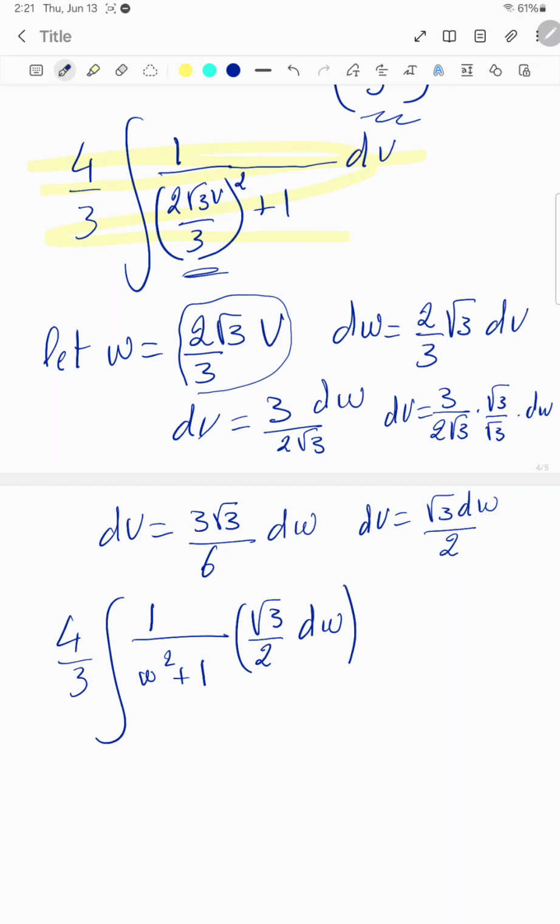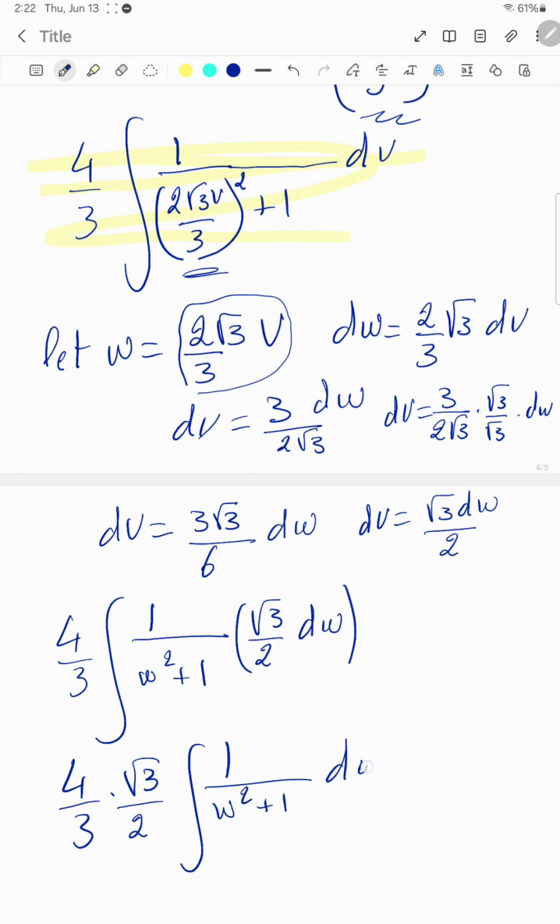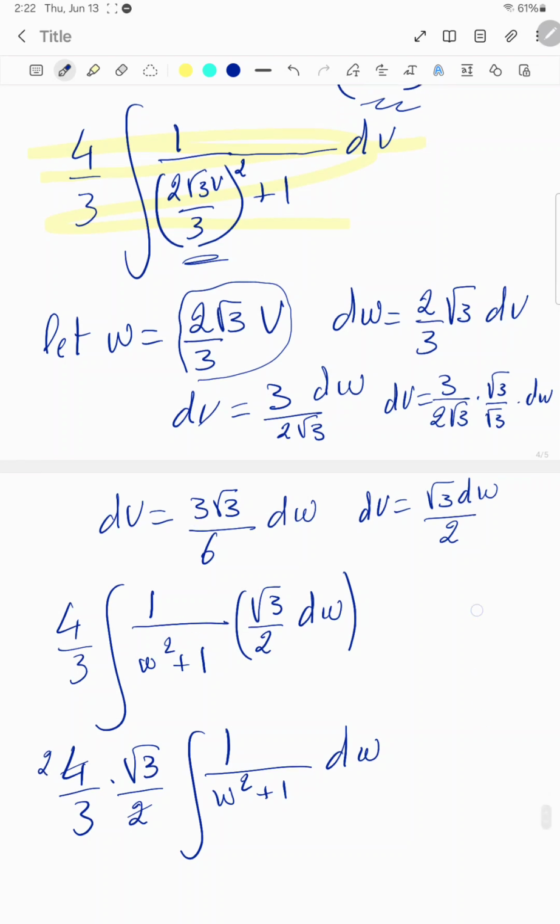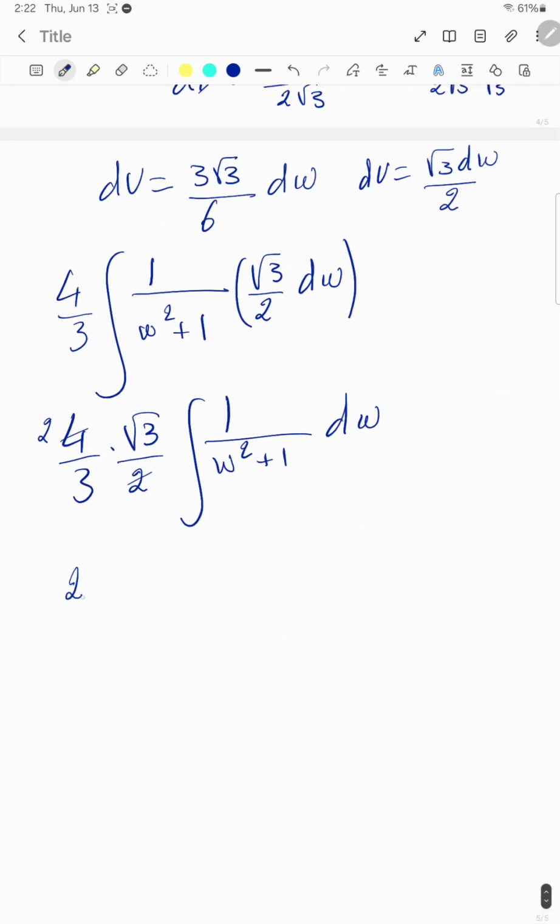Now the square root of 3 divided by 2, I can take outside my integral. So it becomes 4 divided by 3 times square root of 3 divided by 2, integral of 1 over w squared plus 1 dw. And here I can simplify the 2 and the 4. So this becomes 2 divided by 3 times square root of 3, integral of 1 divided by w squared plus 1 dw.